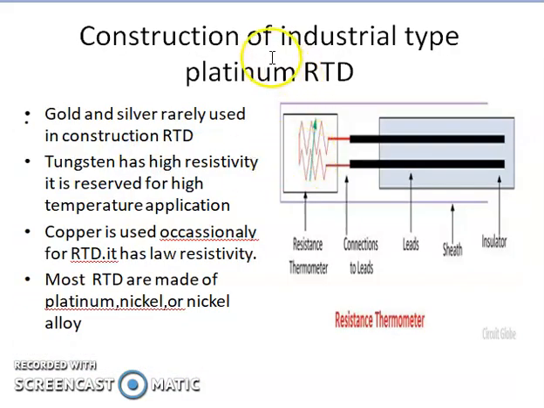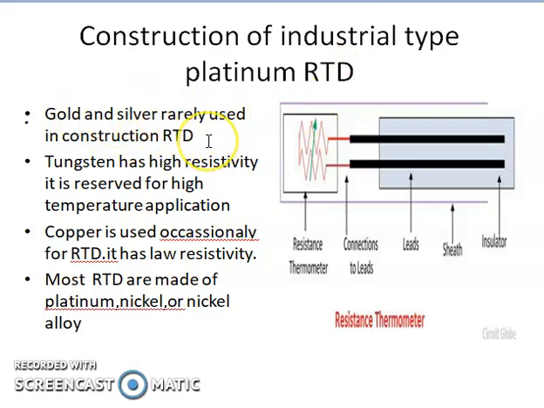Now coming to the construction of industrial type platinum RTD. This is the basic construction of platinum RTD. And in construction of RTD, gold and silver are rarely used.